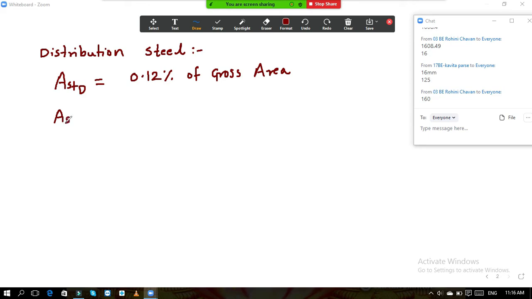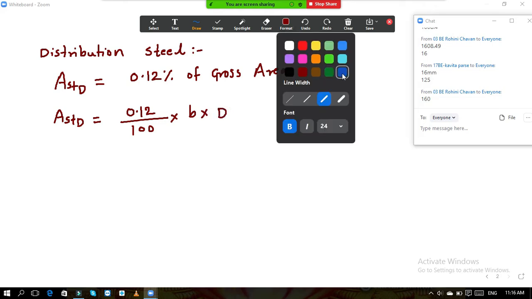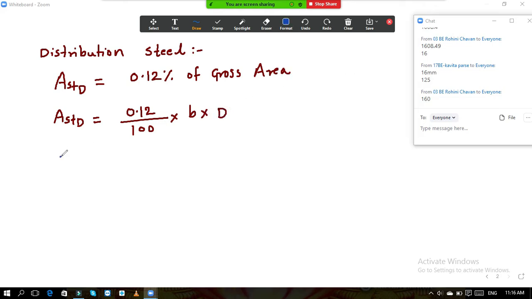So ASTD is equal to 0.12 divided by 100 multiplied by B, which is 1000, and D. I will write the formula first over here, it is B into D. Okay, so now moving further, putting the values, ASTD is equal to 0.12 divided by 100 multiplied by B is 1000 into D.